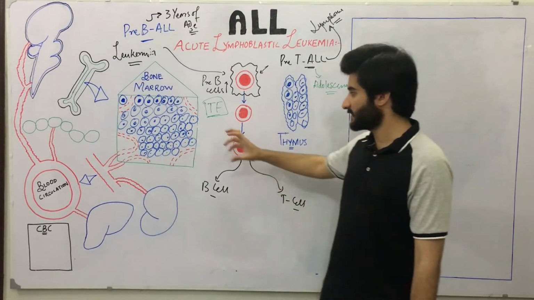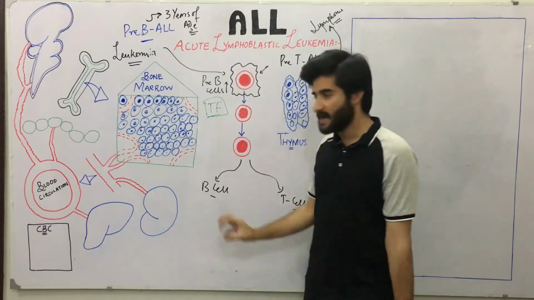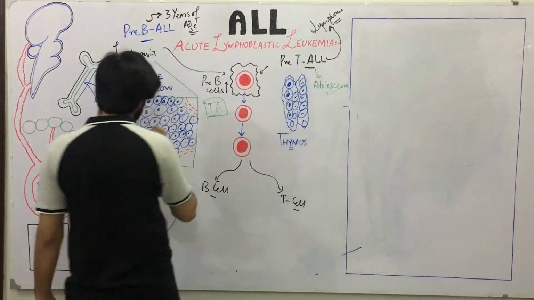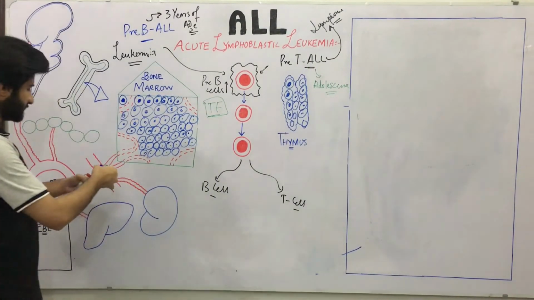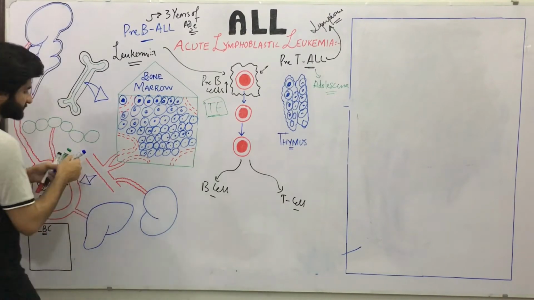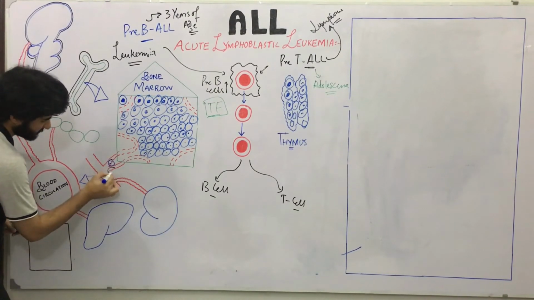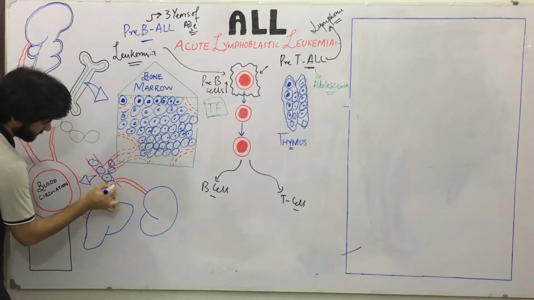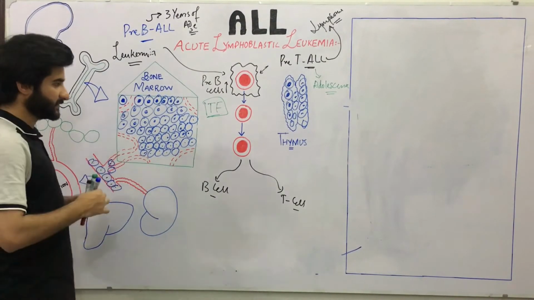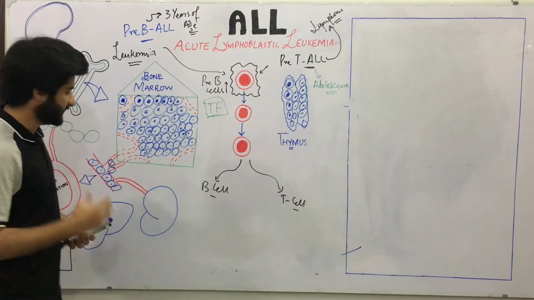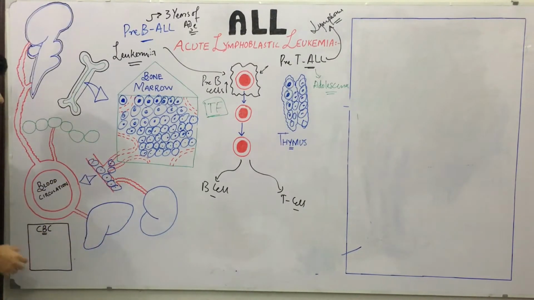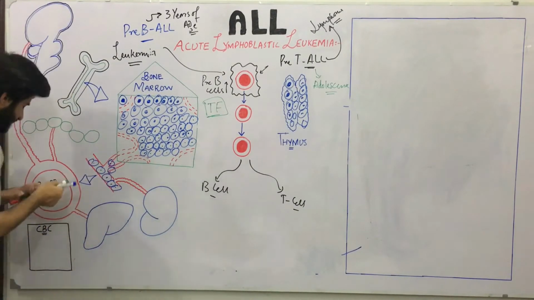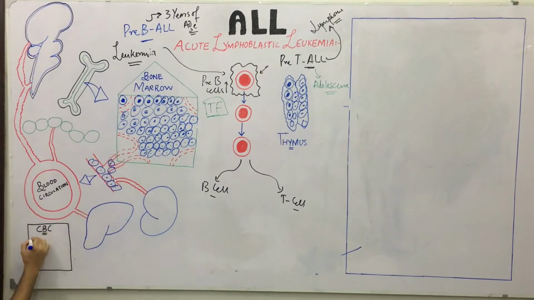We are having a hypercellular bone marrow, and as a result of this hypercellular bone marrow, these cells will also dump into the circulation. So as these cells dump into the circulation, we will have leukocytosis, and the WBC count will be raised.